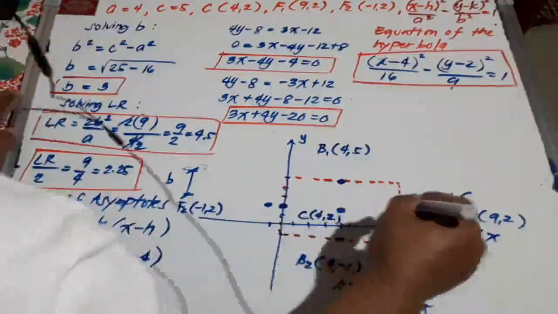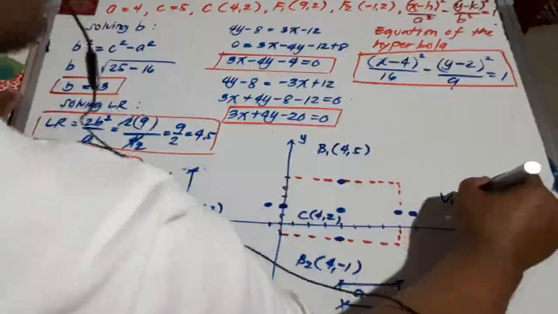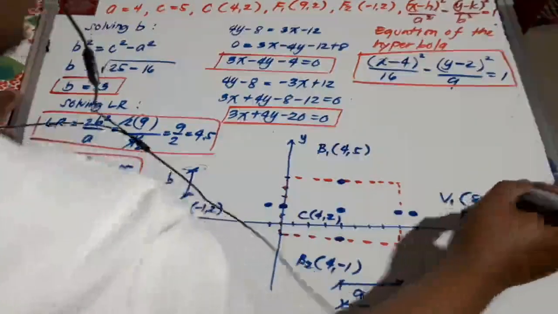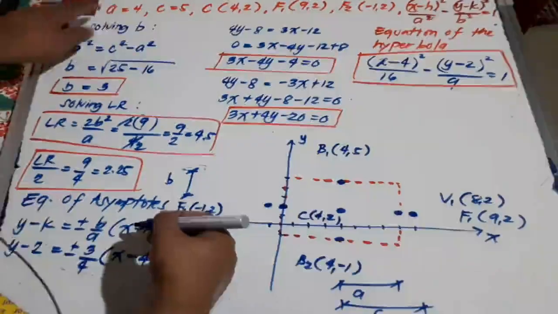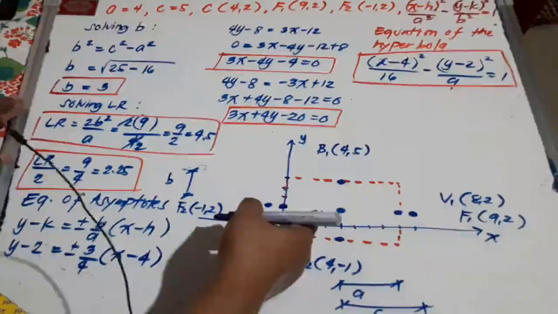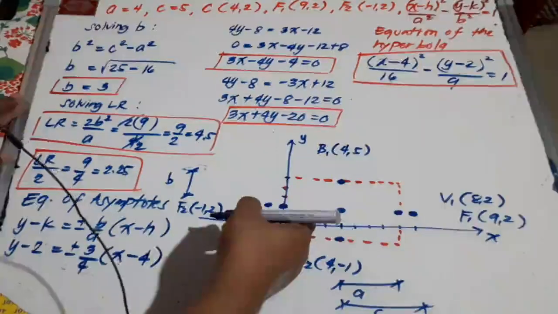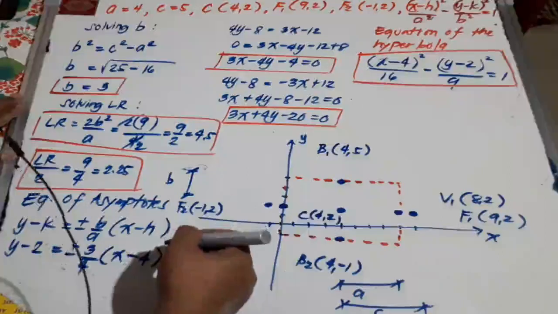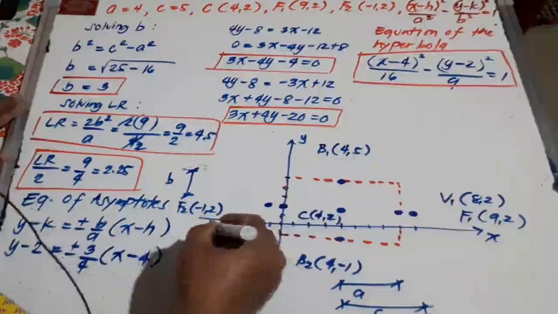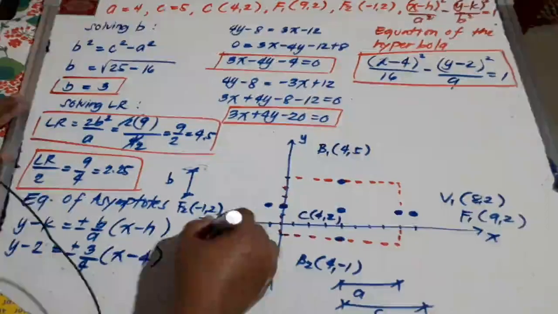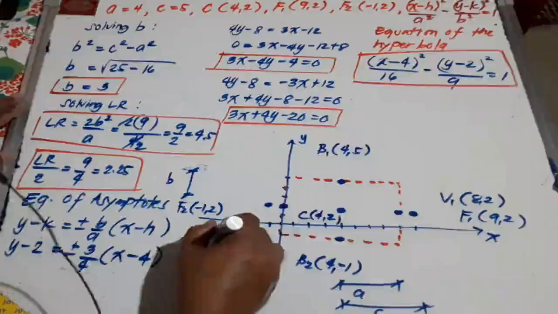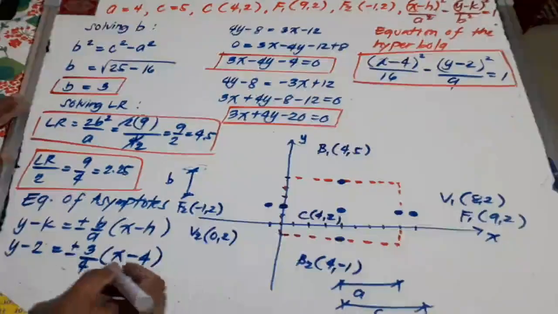So, that will be 8, 2. Dito, magsusubtract ka lang ng 4 units from the abscissa of your center. So, B sub 2 is 0, 2. Okay na.